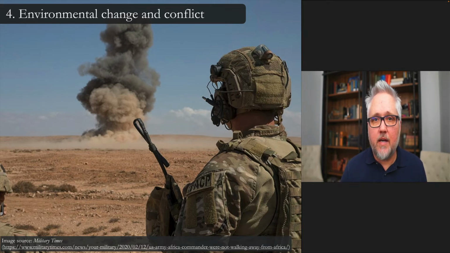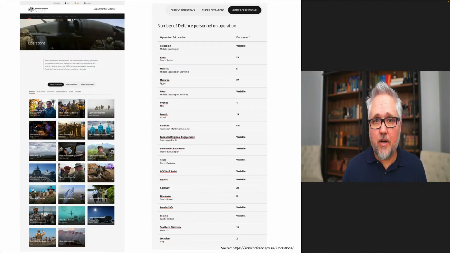The U.S. has, last time I checked, around 6,000 U.S. Department of Defense troops on various different missions in the Western African region. The Australian military also has a couple of different missions in the region as well, including, the last time I checked, one soldier in Mali.